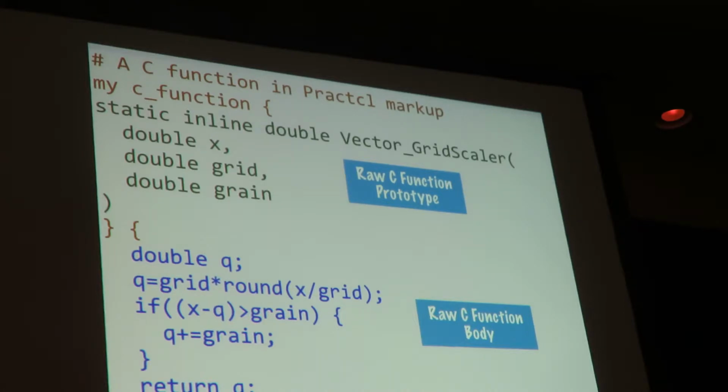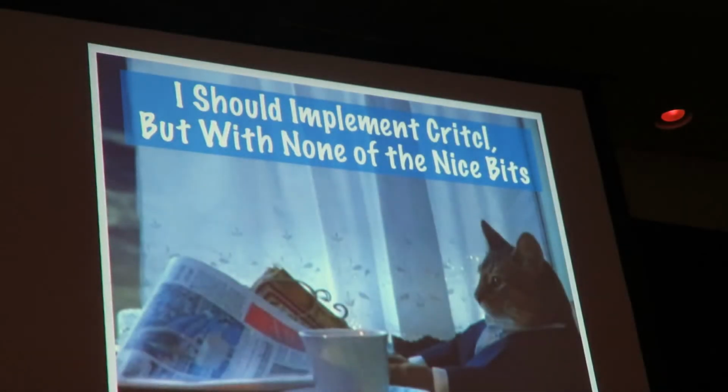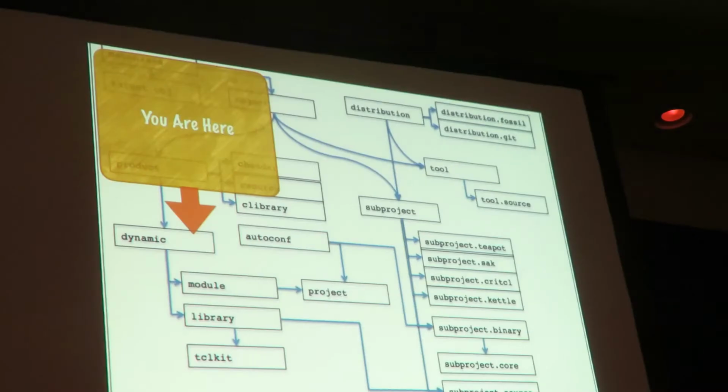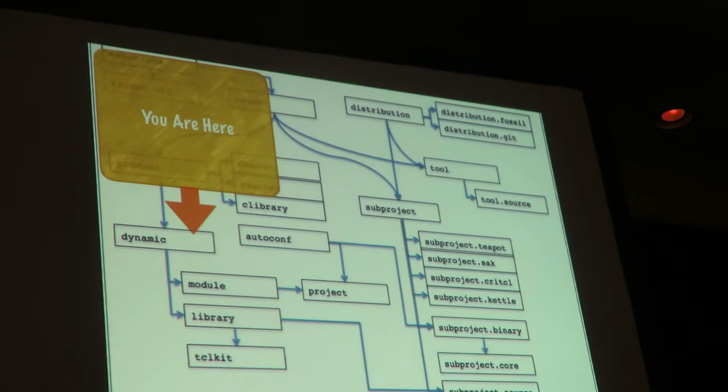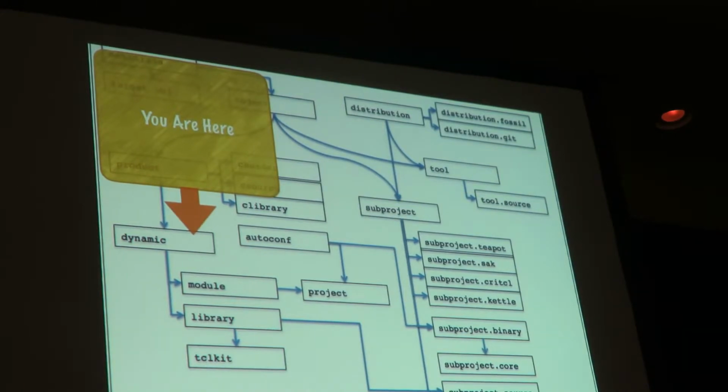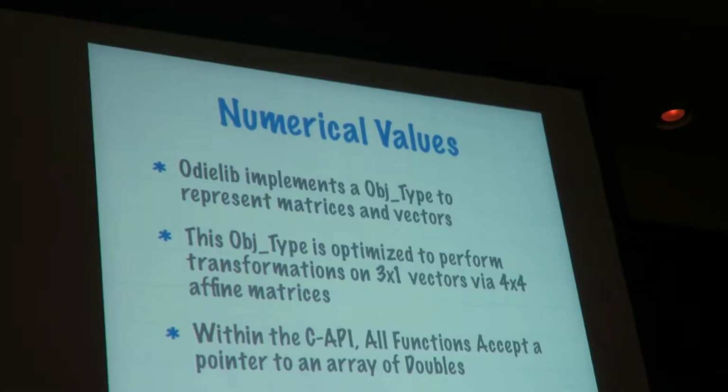And then the raw body, and then we just sew them together at implementation time. I just basically ended up writing a very brain-dead Critcl. But that's only doing one tiny chunk of what Practcl is doing. It's dealing with libraries, it's dealing with package repositories, so that's how that came about.